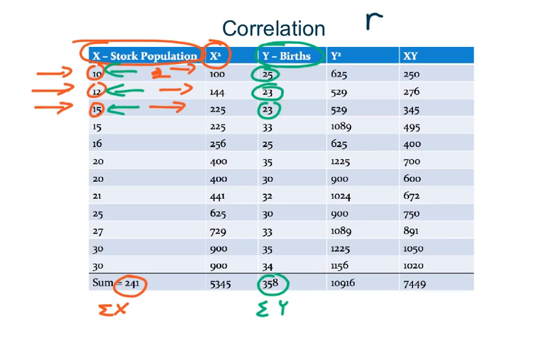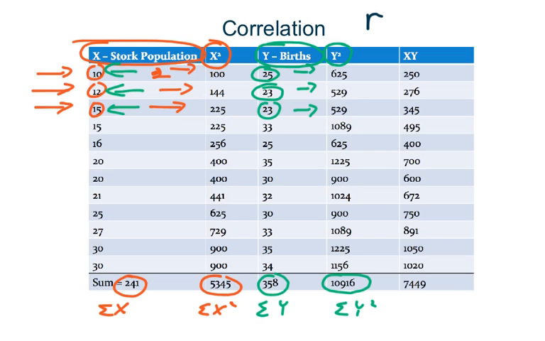If we add all of those up, we have the sum of X squared, right there at the bottom, 5,345. In the fourth column, we have the Y squared column, where we squared 25, we squared 23, we squared 23, and so on. And when we add all of those up, we get 10,916. That would be the sum of Y squared.